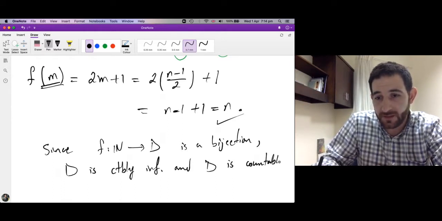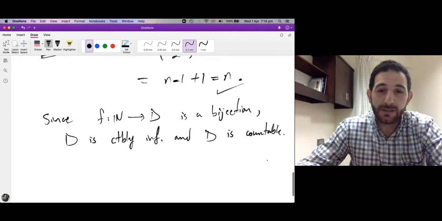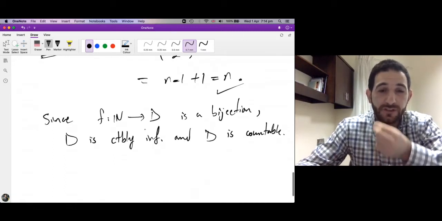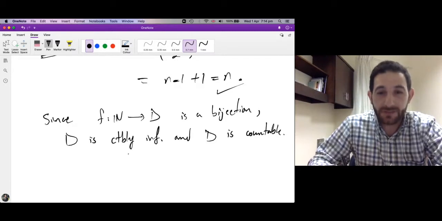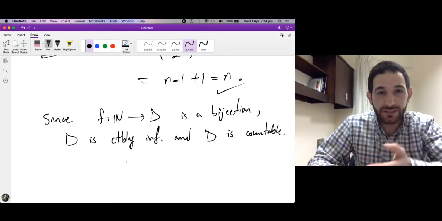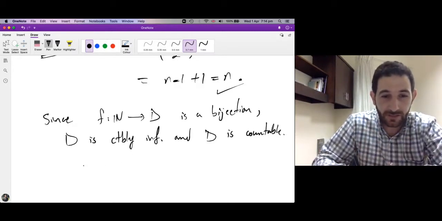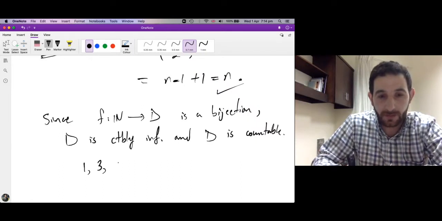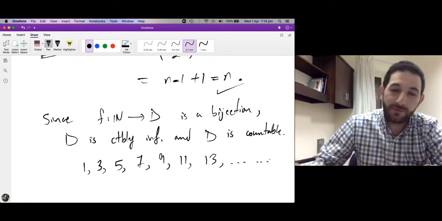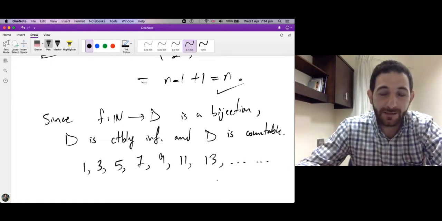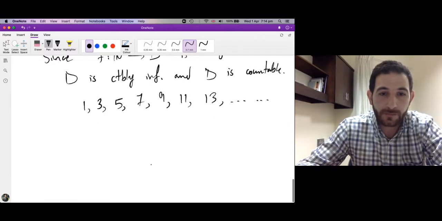So this is another example of a countable set, which is the set of positive odd integers. But intuitively speaking, D is countable means we can list the positive odd integers. Again, we can list them: 1, 3, 5, 7, 9, 11, 13, and so on. This means that D, the positive odd integers, is a countable set.